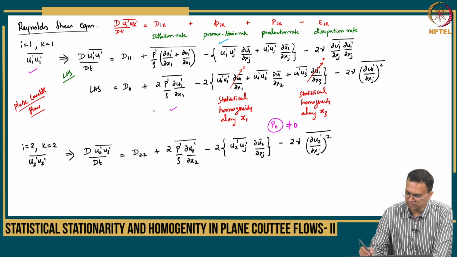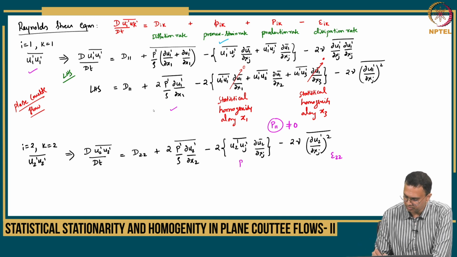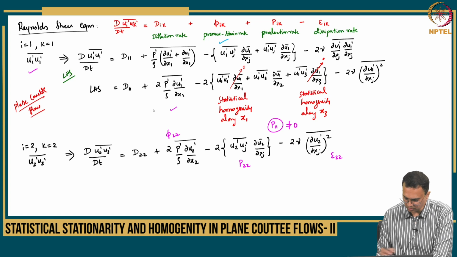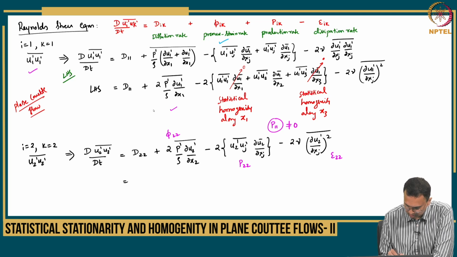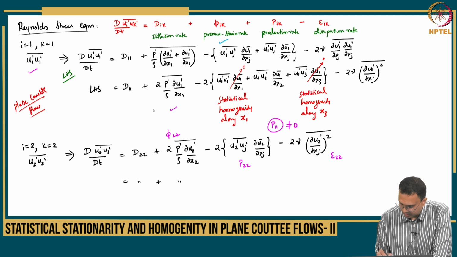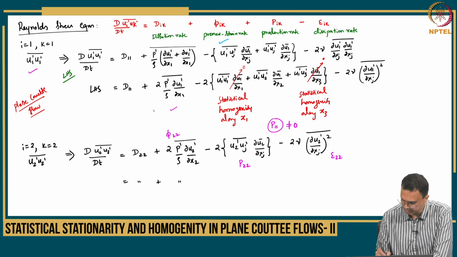Okay, if I write it out, this will be the epsilon 22. This is my P22 term. This is the phi 22. So now let's expand the production rate. We cannot say anything about the phi 22, the pressure strain rate, because it's a correlation. Let it be as it is.